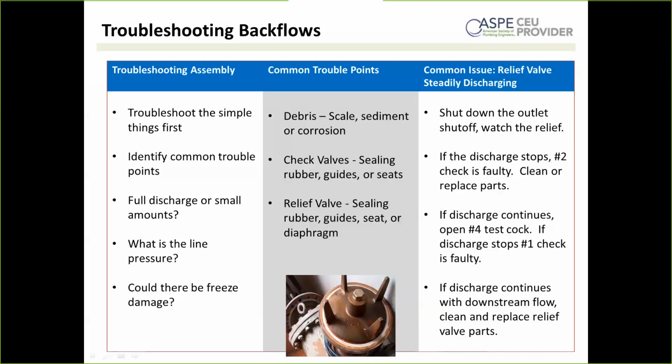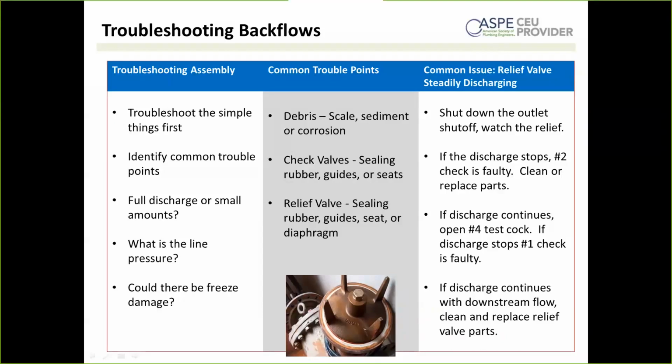But let's say you have regular discharge, either a continuous stream or a continuous drip. Here are those useful steps that you can go through to determine what's wrong. The first one is shut down the outlet shutoff, watch the relief valve. If the discharge stops, your number 2 check is faulty, right?